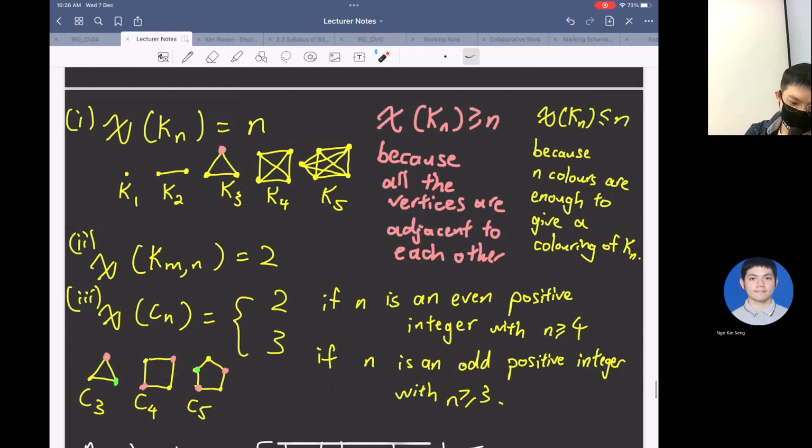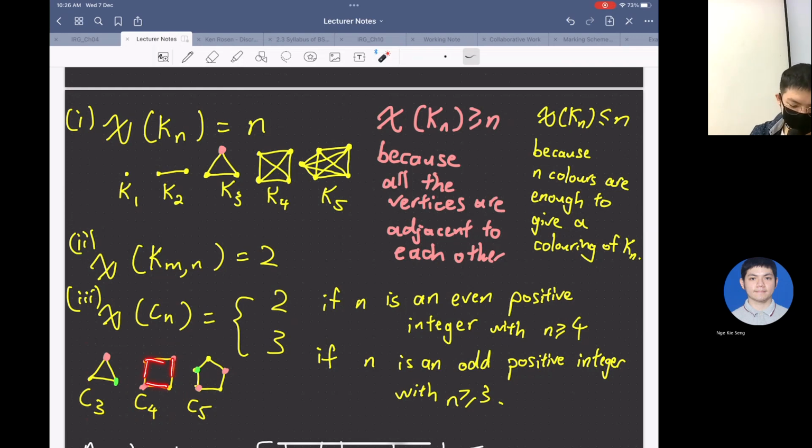Okay, cycle graph. If you look at the triangle here, how many colors do you need? You need 3: 1, 2, 3. How about C4? For C4, 2 is enough because the degree of each vertex is 2.